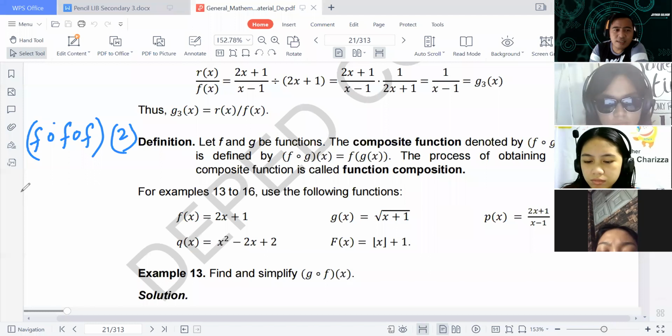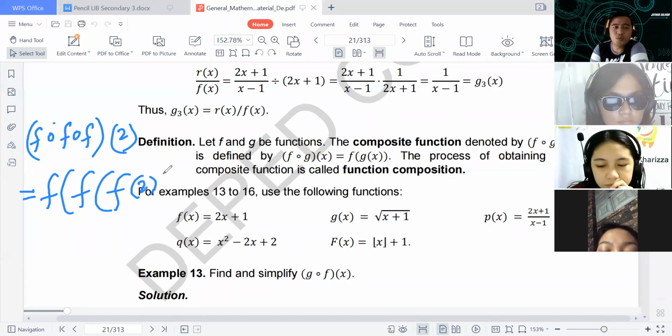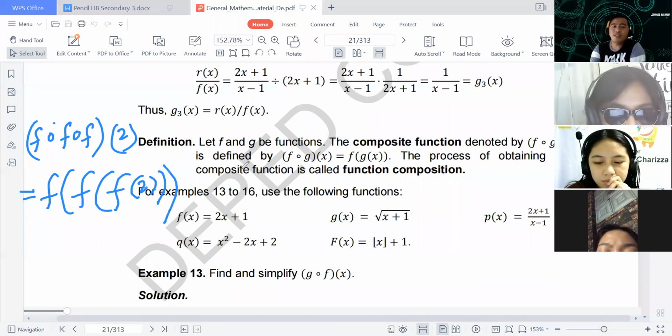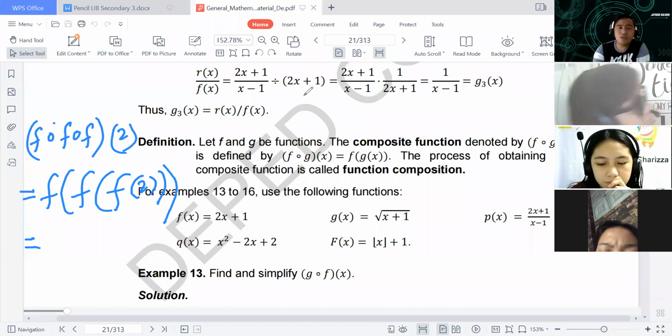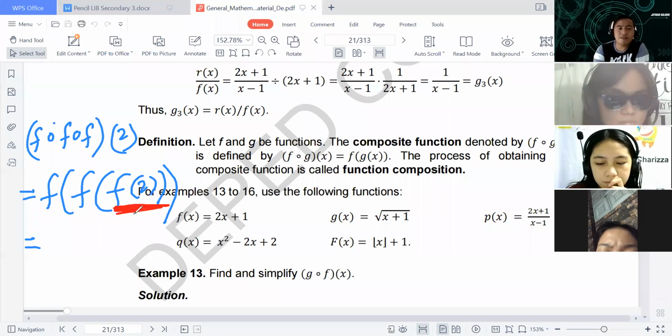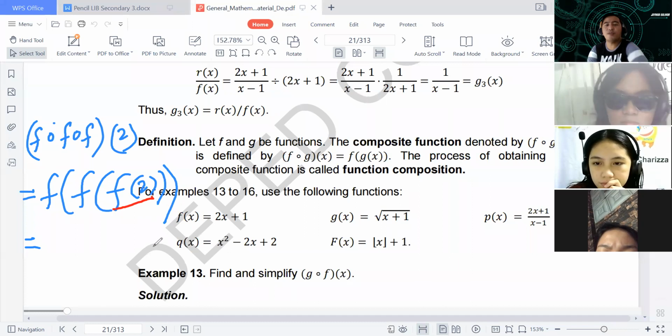Okay, again, from the definition, it will be f of f of f of 2. Right? Understood? So now, the very first thing that you will do is to simplify this first. Perform this first, right? The one inside, this portion. You perform that one.